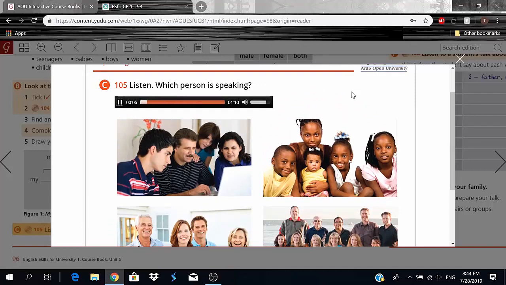105. Exercise C. Listen. Which person is speaking? In this photo you can see my son and daughter. They are looking at holiday photos on our laptop. My husband is typing. In this photo, I am with my family. You can see my brother, my two younger sisters, and also my baby sister. Her name is Jane. My father is taking the photograph.